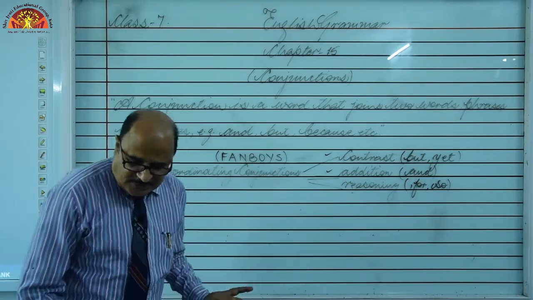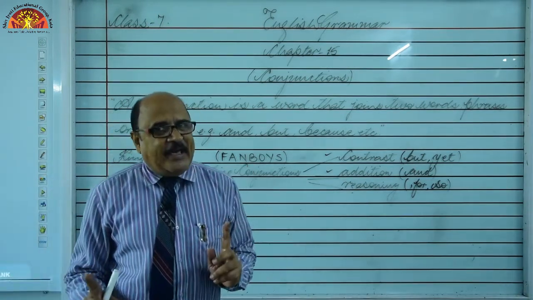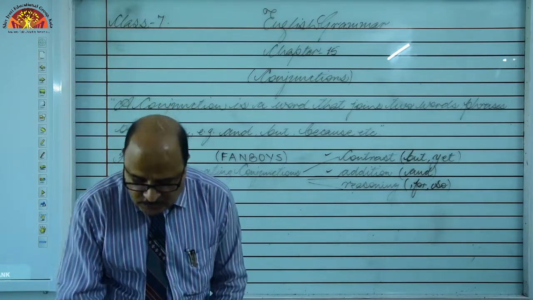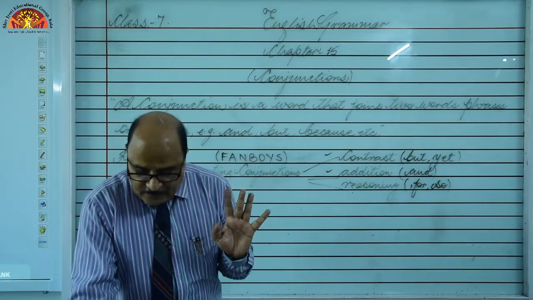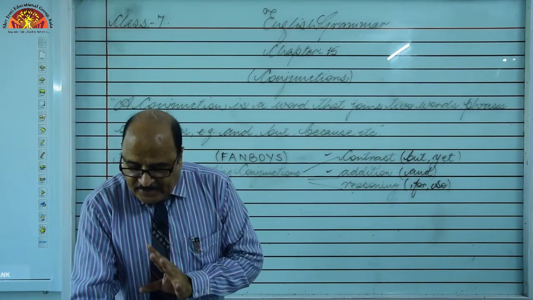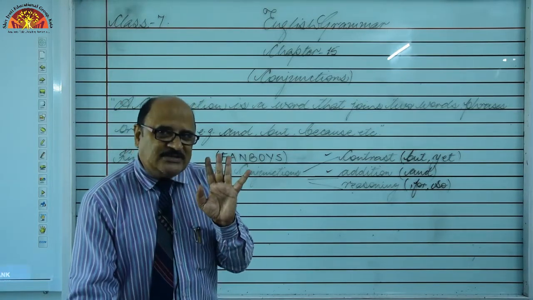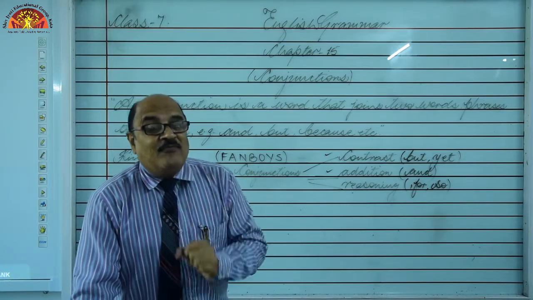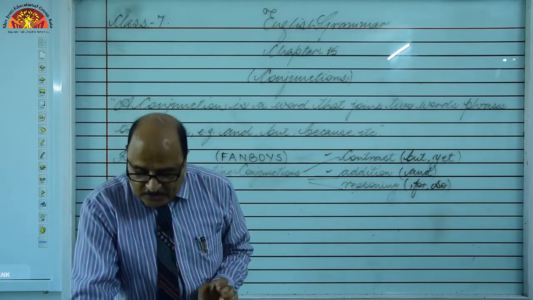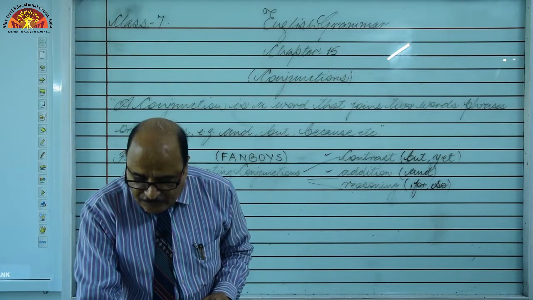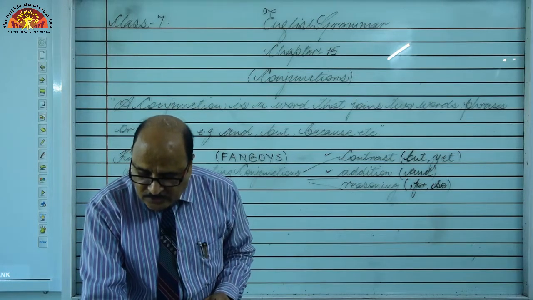So, dear students, have a look at exercise A on page number 82. First one already done, right? The days are warm in summer, the nights are cool. They both are in contrast, opposition. So, what we have used? But.